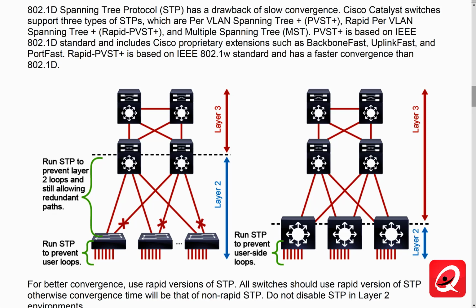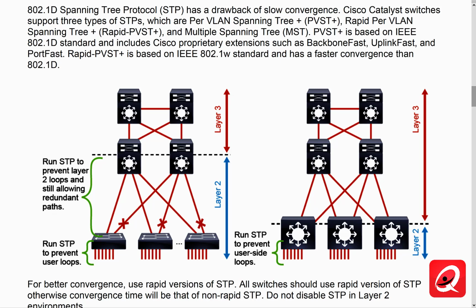Some switches could run rapid, some switches can run per VLAN, but you do not get the complete benefit of the rapid convergence if you have a mixed mode environment. So basically you're going to be reverting to the standard PVST convergence times. To take advantage of the rapid convergence, you need to run rapid on all of the switches. But it's something you can migrate to as well.